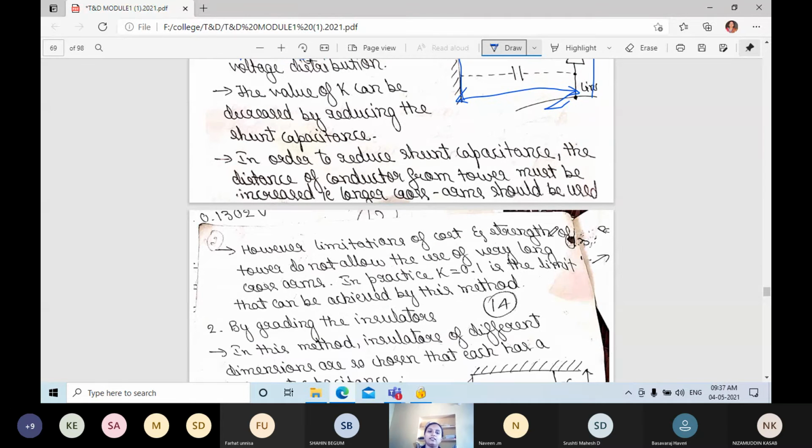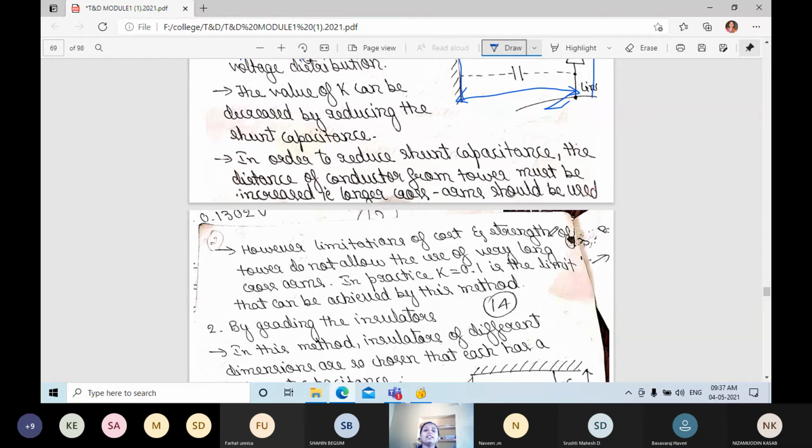If we use that, we have limitations. We cannot use a long cross arm for every tower, because if we go on increasing the length of the cross arm, that has limitations also. Limitations of cost and also the strength of the tower do not allow the use of a very long cross arm.